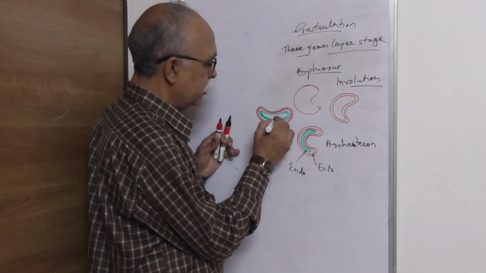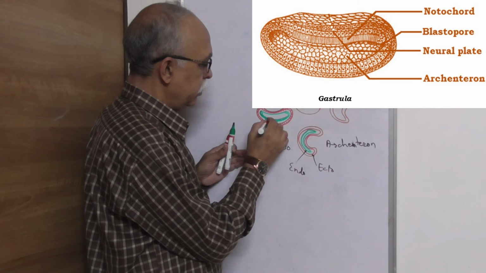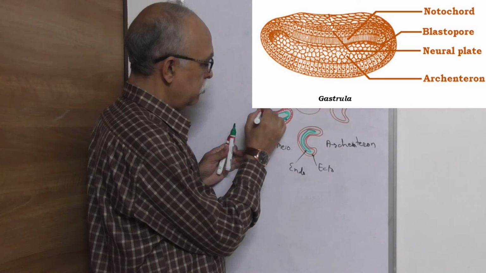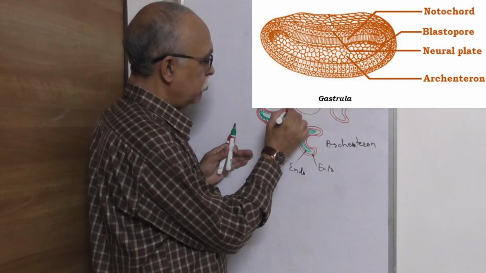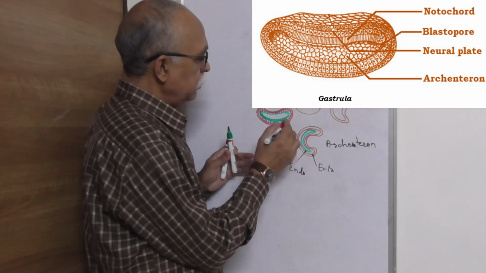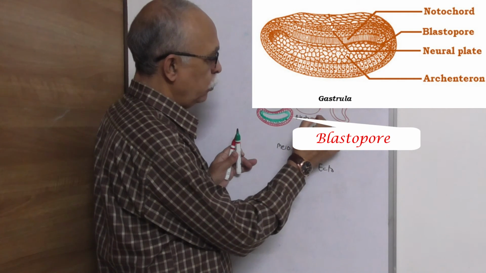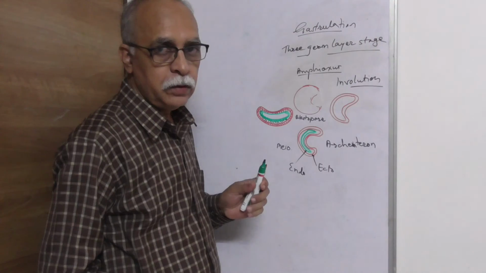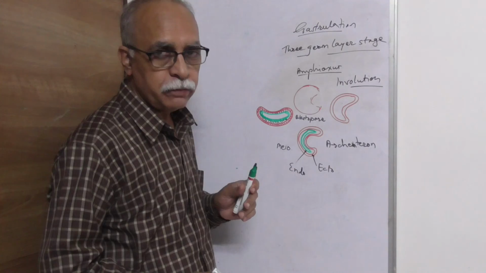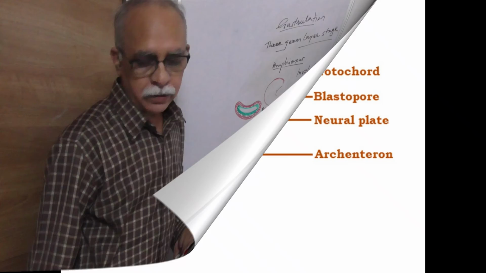This is the third layer, innermost layer, that is endoderm, and here is going to be the mesodermal layer. Now here a small opening is formed, that would become the blastopore, which will give rise to the gut, and later on that would develop into an alimentary tract. So this is what you see as the gastrula in Amphioxus.